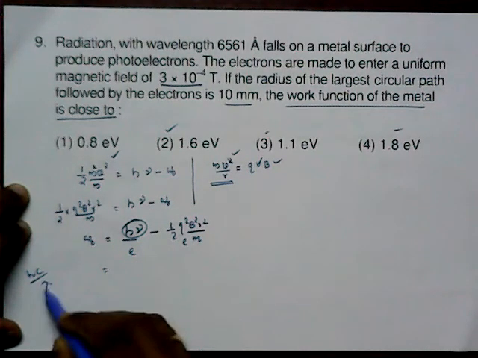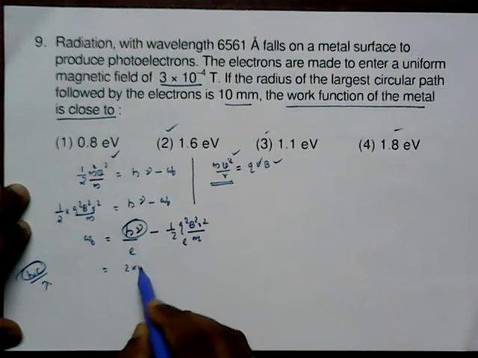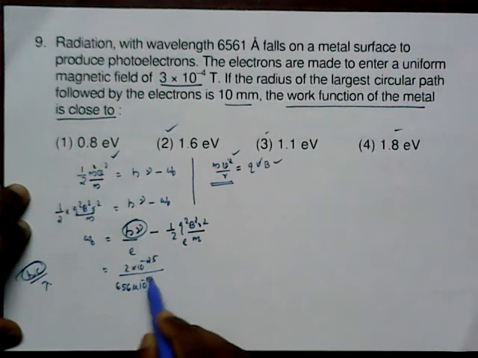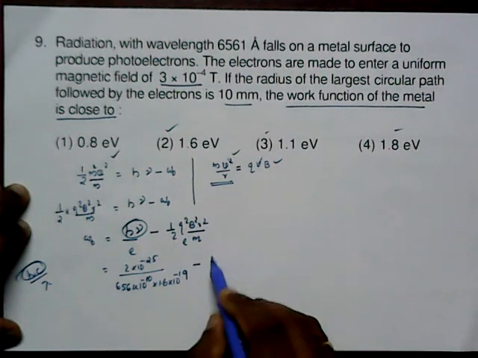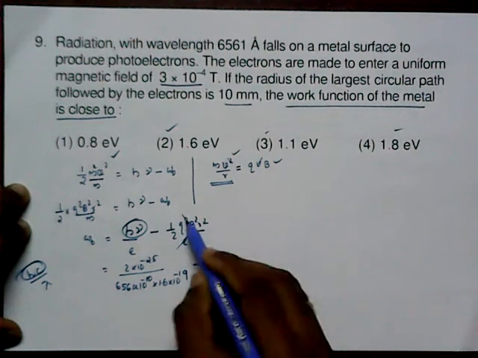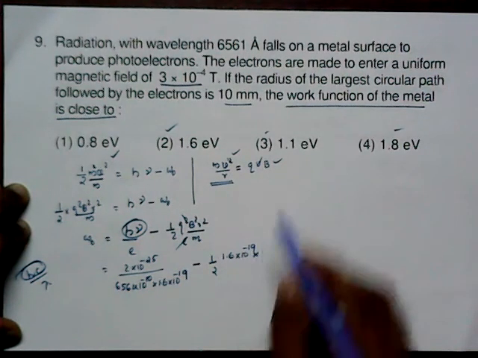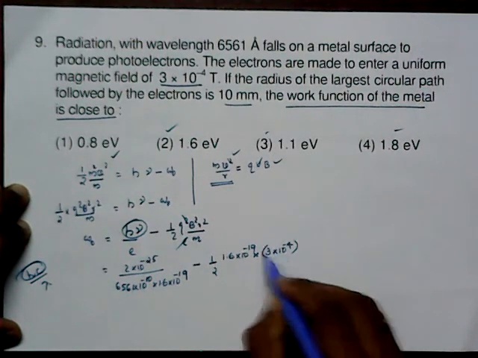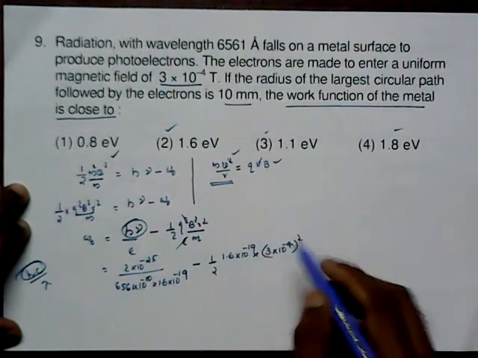hc by lambda e. So h into c, you got the value as 2 into 10 raised to minus 25, by the lambda as 6.1 Angstrom, into e as 1.6 into 10 raised to minus 19, minus half into the e cancels. So charge as 1.6 into 10 raised to minus 19, into the magnetic field square as 3 into 10 raised to minus 4 square, into the radius as 10 millimeter.